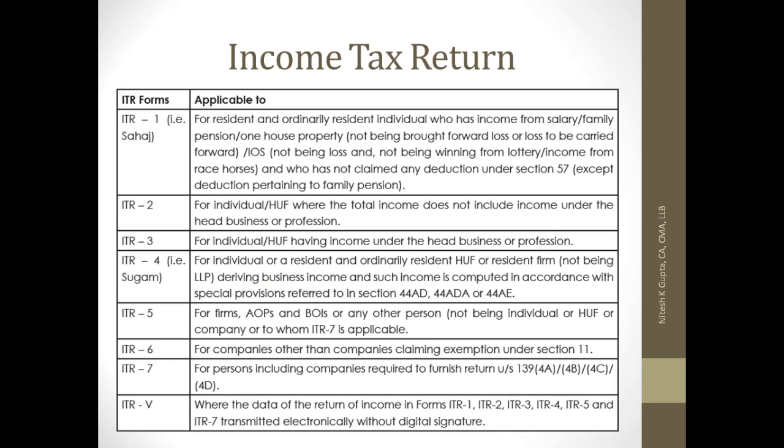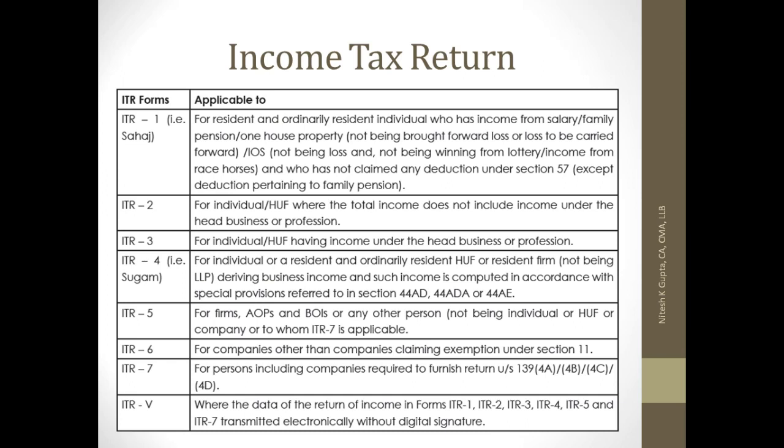ITR 7 is for the persons including companies who are required to furnish return under section 139 4A, 4B, 4C and 4D, that is exempted entities like trust registered under 12A, trust registered under 10(23C), or schools, universities. These are the persons who are required to file return under section 139 4A, 4B, 4C, 4D. They need to file ITR 7.